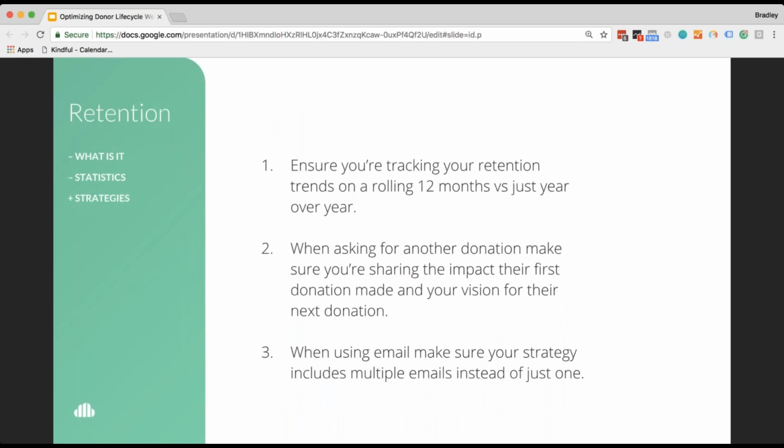So again, a couple quick strategies. First off, ensure you're tracking your retention trends not only on a year-over-year basis, but on a rolling 12-month basis. So why is that important?